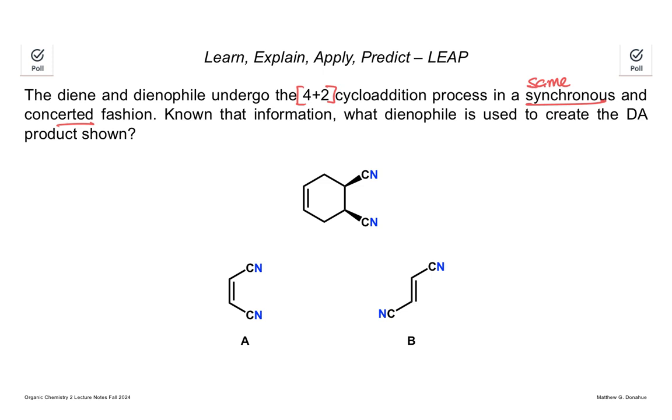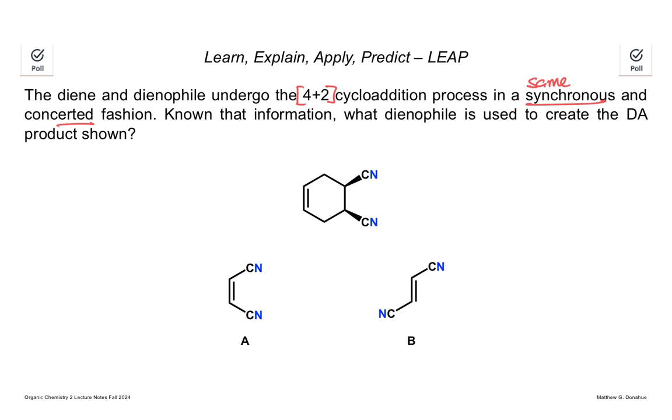Concerted means that in this reaction, there's really no rotations or anything taking place. So along with synchronous and concerted, they sort of go hand in hand. And it says, given the product, what dienophile is used to create the Diels Alder product shown?